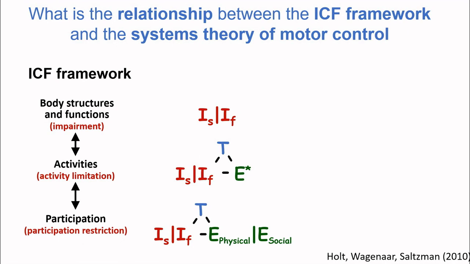At the final level, function is characterized with respect to participation and the ability to perform activities in various real-world situations. Dysfunction is characterized by changes in the ability to participate in activities in certain contexts. When we look at what has happened to the systems model at this particular level, we can see that the E* that we had in the middle is replaced by E physical and E social, so E subscript physical and E subscript social.